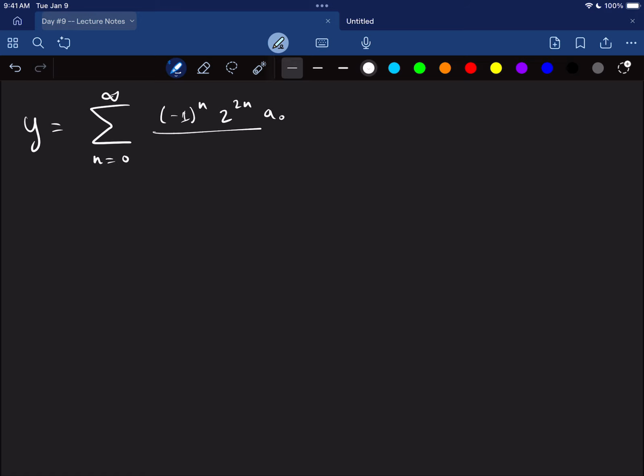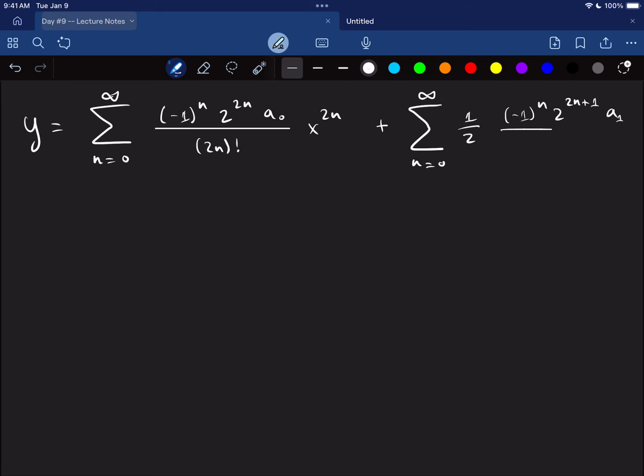And then we have, let's write that a little better, n equals 0. This, don't forget, we had that little 1/2 floating around in there. And then we had negative 1 to the n, 2 to the 2n plus 1, a 1, all divided by a 2n plus 1 factorial.